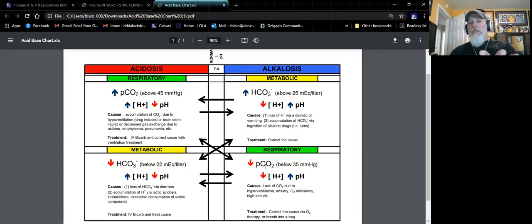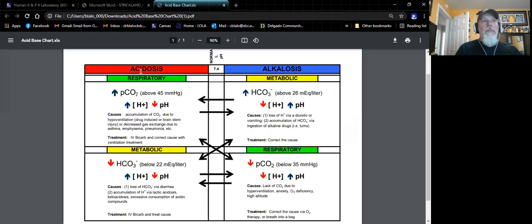These are causes. So the cause for respiratory acidosis, first of all, what would we see if a person was in respiratory acidosis? We would see carbon dioxide levels that were elevated. So if you did blood work on Mrs. Jones and she had an elevated PCO2, okay, PCO2 is your percent of carbon dioxide in the blood, just like PO2 is your amount of oxygen you have in the blood.